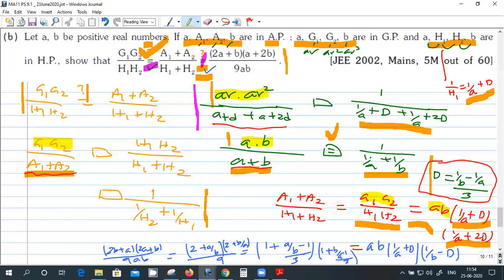And 1 by H2 I can also write as 1 by B minus D. The last term, to get the previous term, I have to subtract D. From the first term to go to the second term, I have to add D, the common difference. Similarly, 1 by H2 is the same as 1 by B minus capital D.